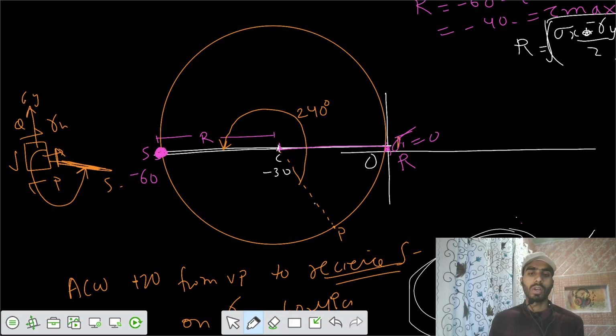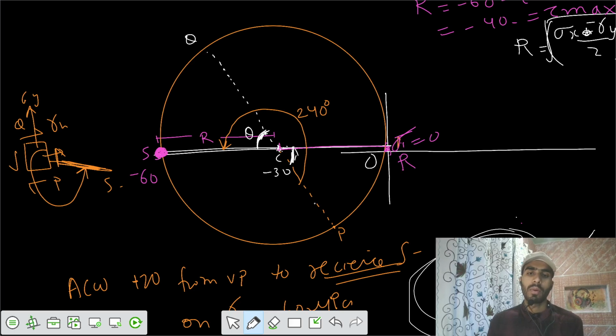So this is known to us. And similarly, next is plane P, and this would be plane Q. This would be at an angle of 180 degrees from plane P. So can we get this value theta? And this is also the same here, theta, by symmetry. This is theta, this is theta.